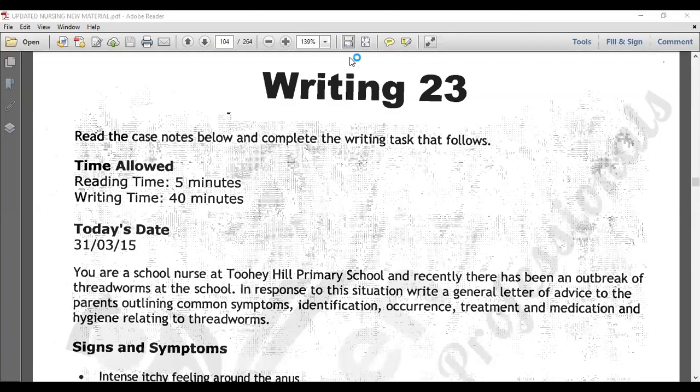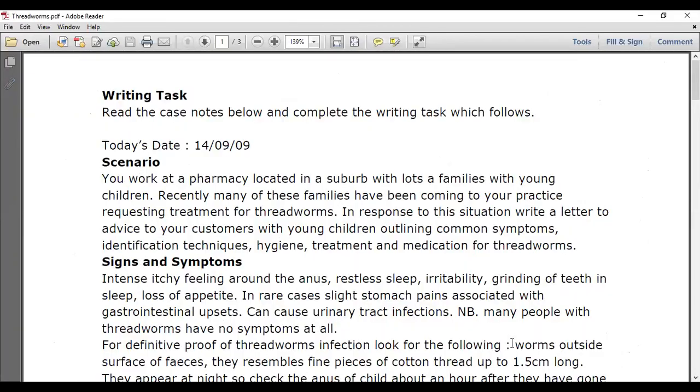Now, if we look at the same topic, if the same topic was for a pharmacist, how the case notes would look like. Okay, this is how the case notes would be if it is for a pharmacist. Usually, for a pharmacist, the information that you would include in your answer would not be too much, but the case notes or the stimulus material may look very lengthy, and it can be very time consuming for you to read and extract the information.